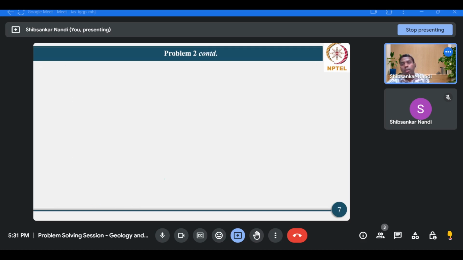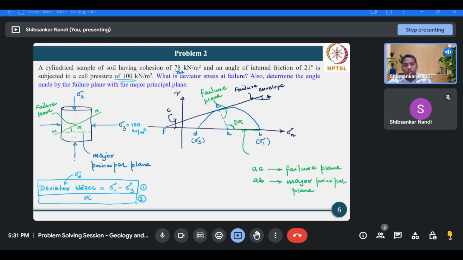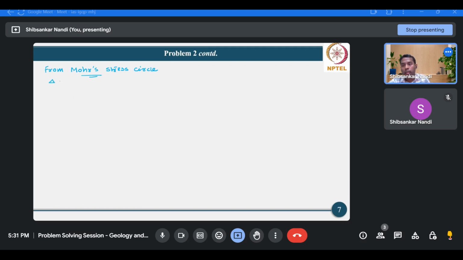From the Mohr stress circle, this AE, okay, first let me consider this triangle, triangle AEF.